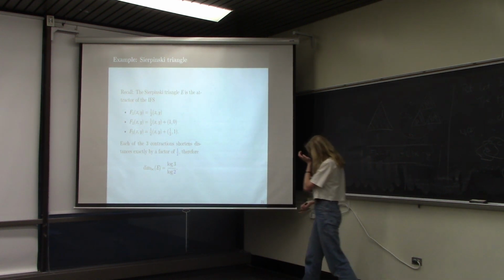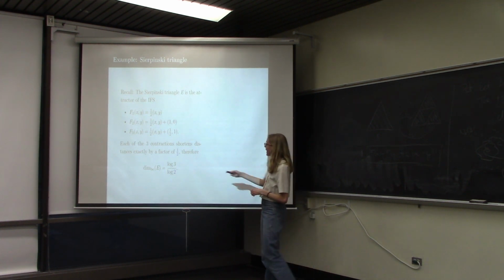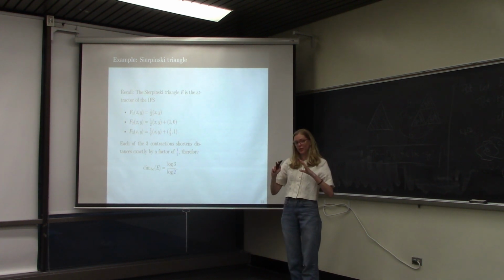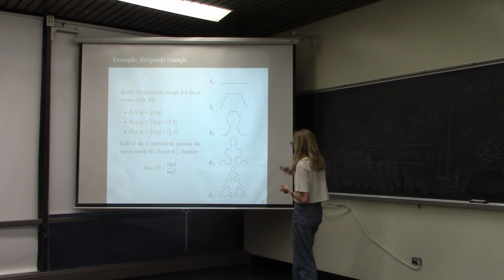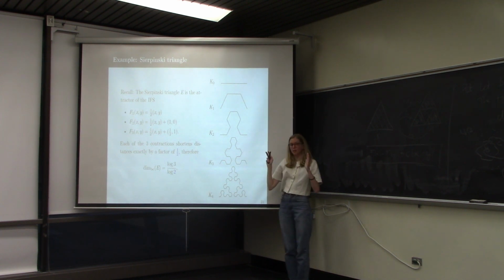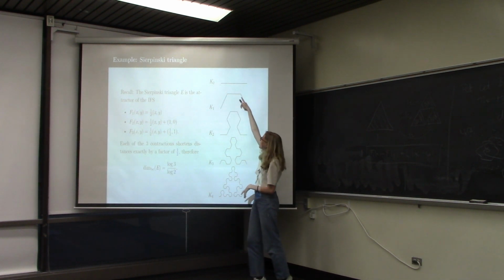Okay, so maybe something to note here is that we could also construct the exact same set. Instead of starting with something two-dimensional, we could also start with something one-dimensional and sort of go from there and increase the dimension. And that's what I drew here. So we can also get the Sierpinski triangle by the following. We have this line segment 0, 1, and we scale it by a factor of 1/2 and sort of make this shape here.